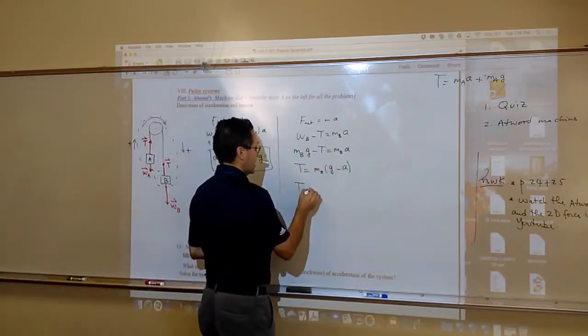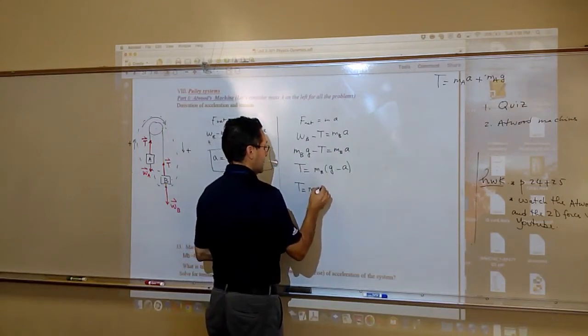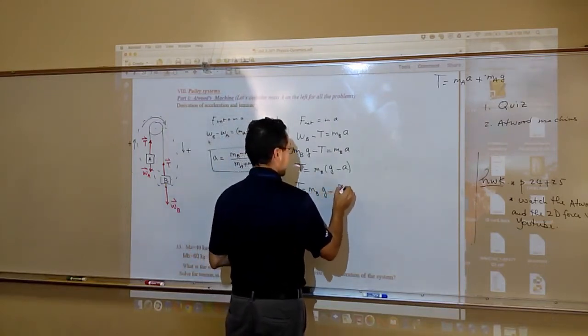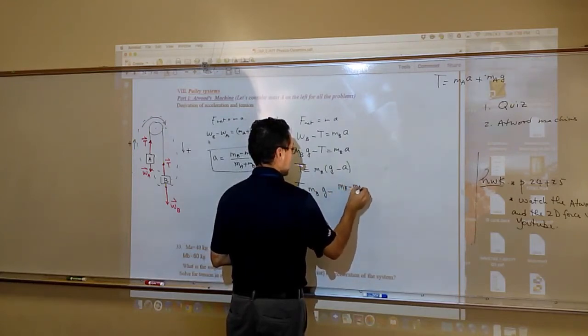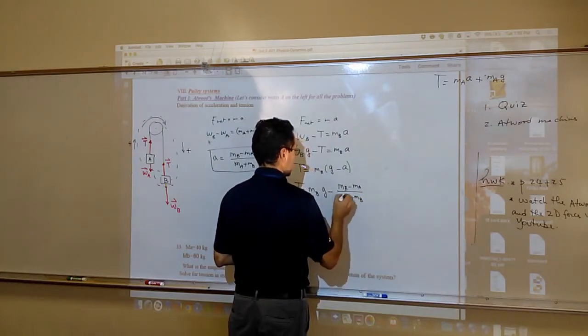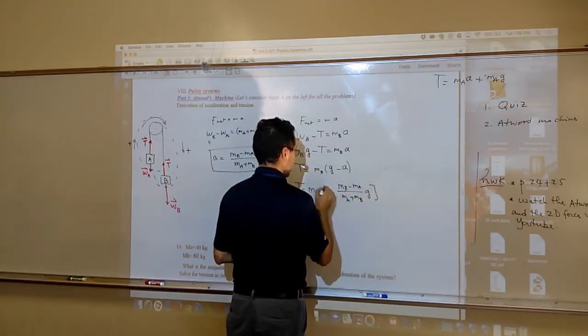So T is MB times G minus the expression I found earlier. Okay?